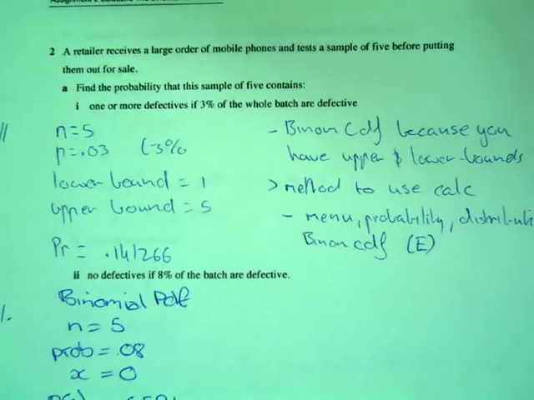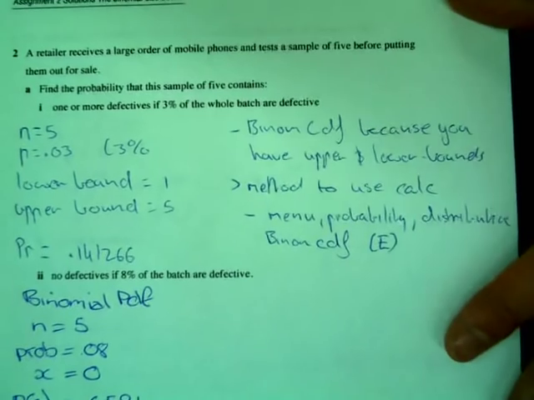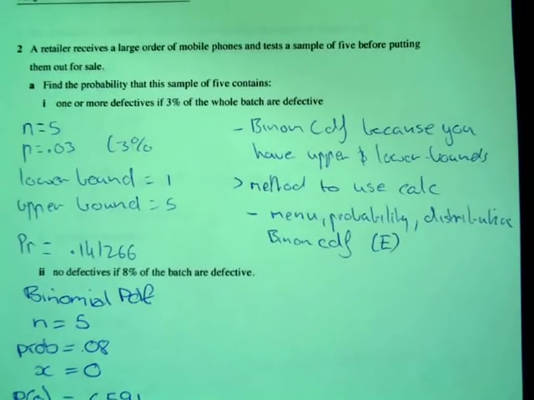Okay, next up is Will again. So this is question 2 we're on to. Question 2, part A, with the retailers testing some mobile phones before putting them on sale. Part A was the probability that the sample would have one or more defective batches, with a 3% chance that a whole batch is defective.